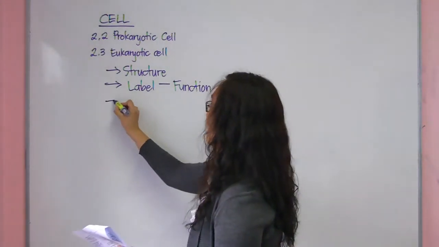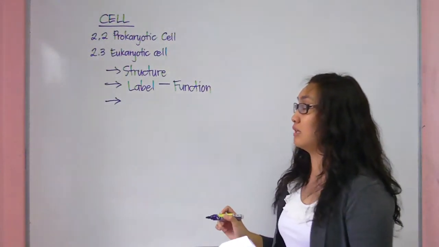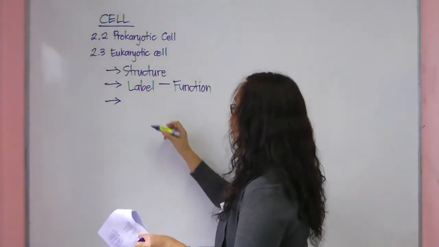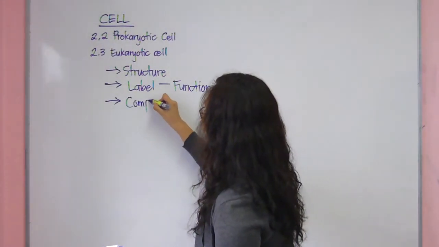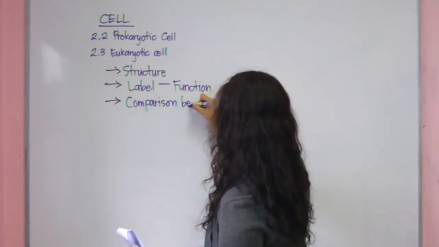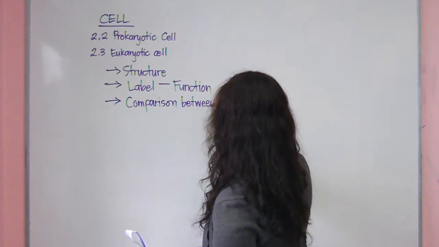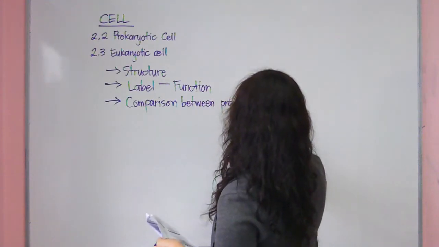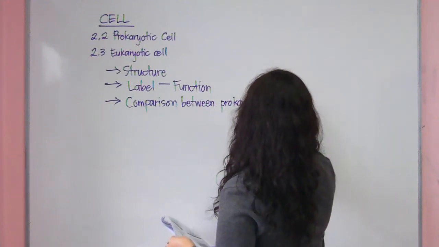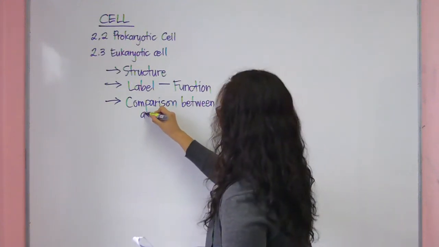Another important key area that students need to learn is the comparison, or the differences, between prokaryotic cells and eukaryotic cells.